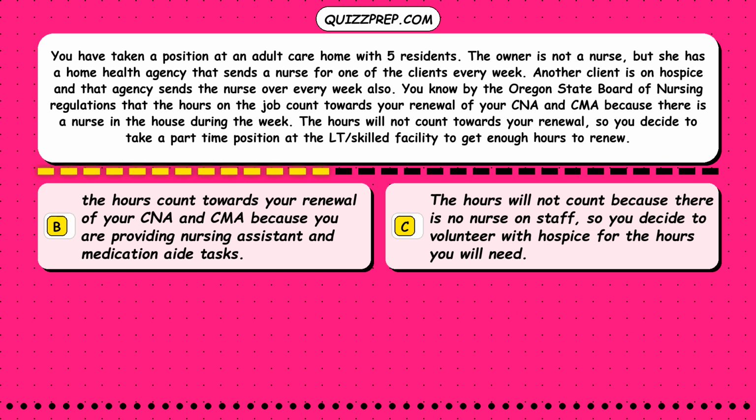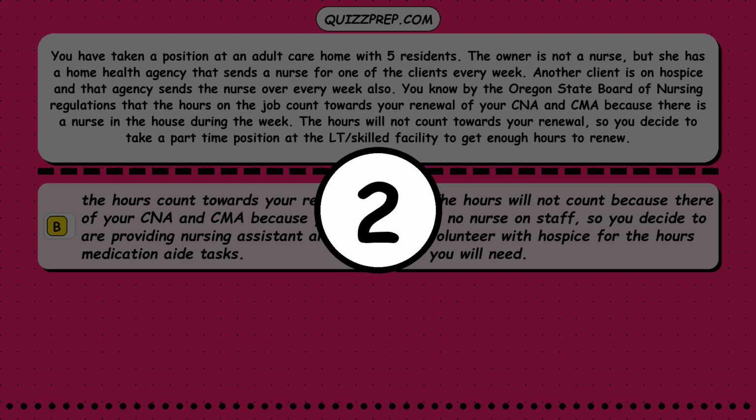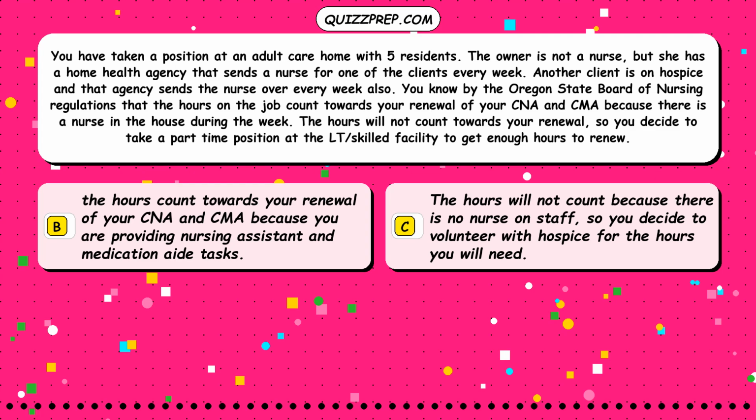The hours will not count towards your renewal, so you decide to take a part-time position at the LT/skilled facility to get enough hours to renew. Option B, the hours count towards your renewal of your CNA and CMA because you are providing nursing assistant and medication aide tasks. Option C, the hours will not count because there is no nurse on staff, so you decide to volunteer with hospice for the hours you will need. The correct answer is option D.